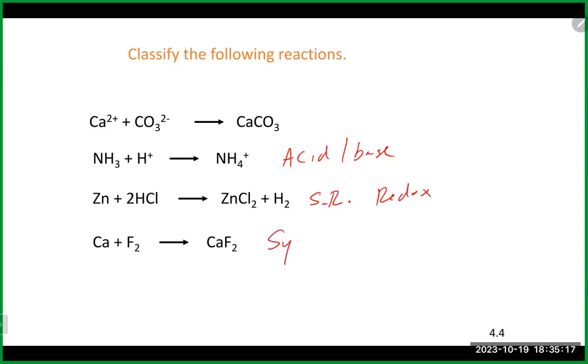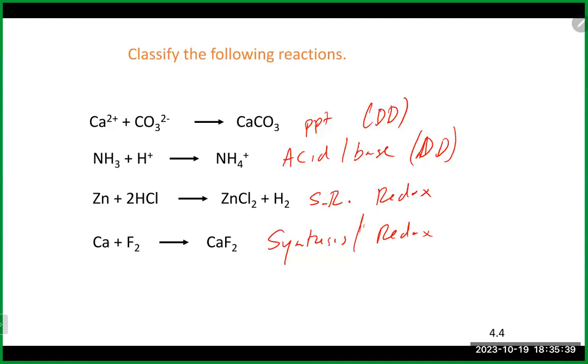This is our synthesis, which is also a redox reaction, right? This would be a double displacement reaction. And we have our calcium carbonate, which is going to be our precipitation reaction, which is also a double displacement reaction as well.